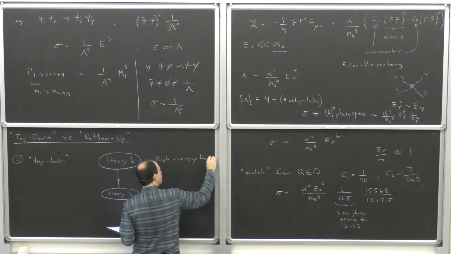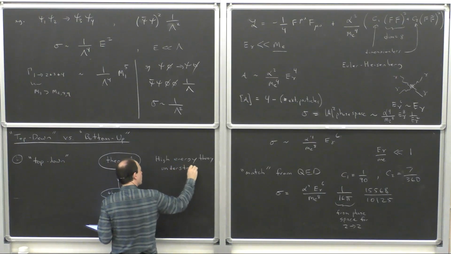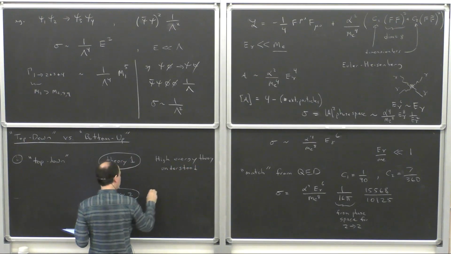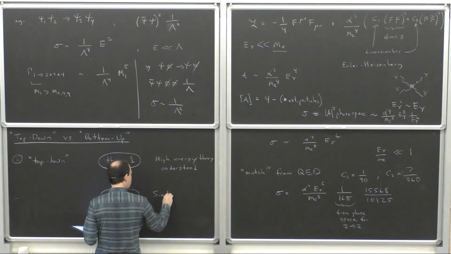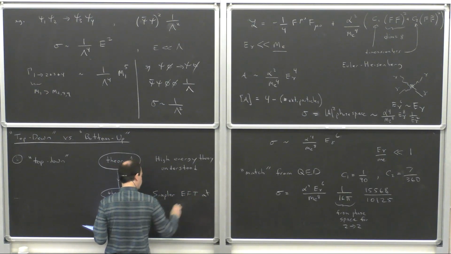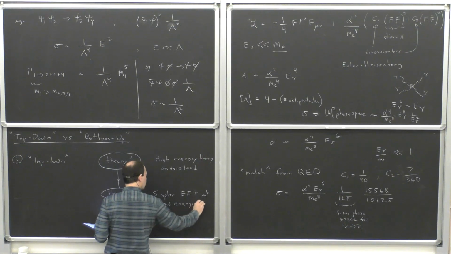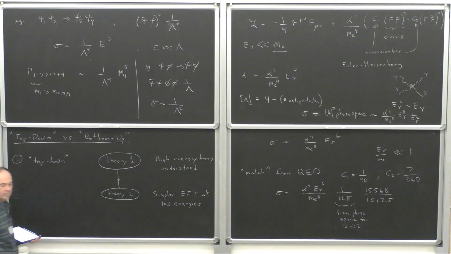The high energy theory is theory 1, but we want a simpler theory, and that is theory 2. And the fact that there's an arrow between them is because I can use theory 1 to construct theory 2.